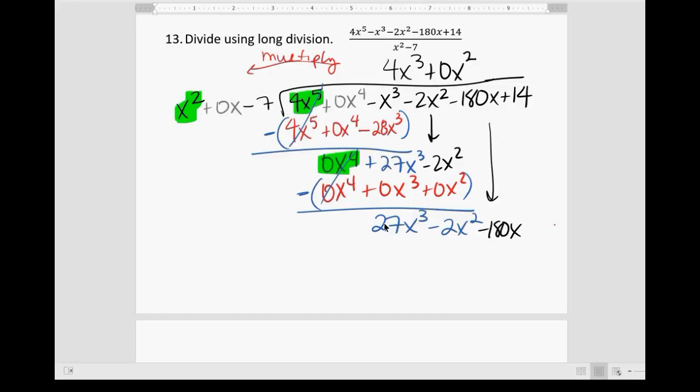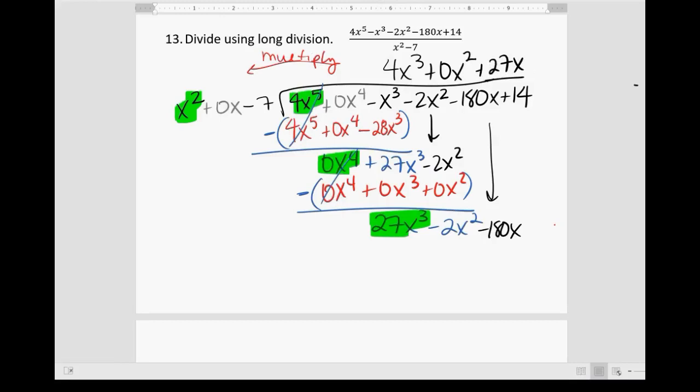So now I'm going to take the leading terms. 27x cubed divided by x squared. That's basically asking what times x squared will give you 27x cubed. That would be 27x.